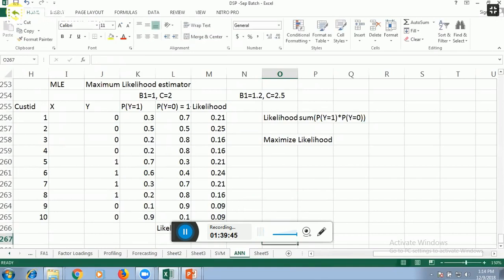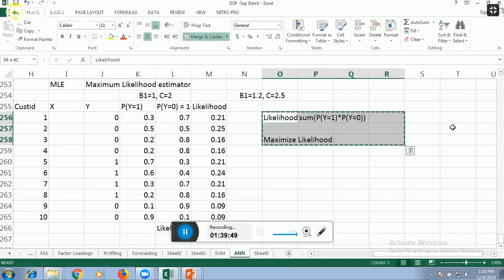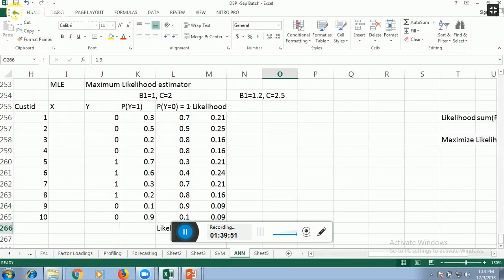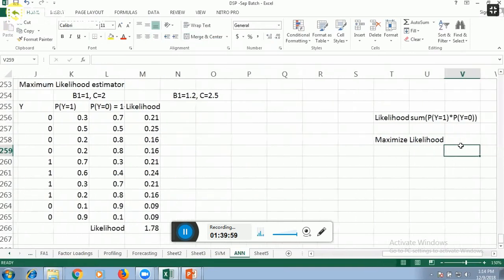Suppose this solution is giving me a likelihood of 1.9, assuming that. Then this solution will be the best solution for me. Correct or not? So that is what maximizing the likelihood means.